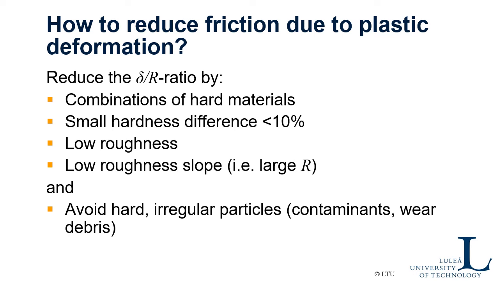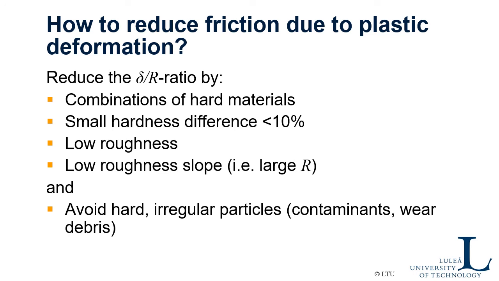That means that neither of the surfaces can penetrate into the other one, and that also maintains a small delta. You may have a low roughness or a low roughness slope. In both cases you have a large R then. So instead of reducing the delta, you can also increase the R.